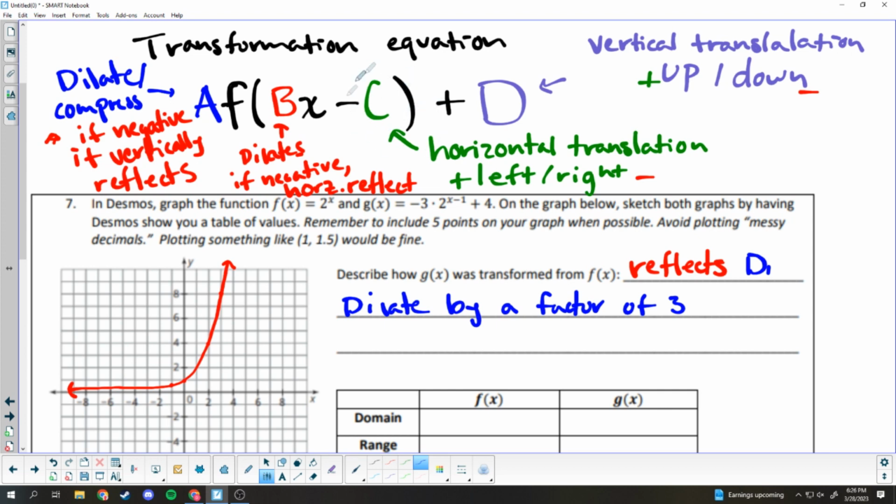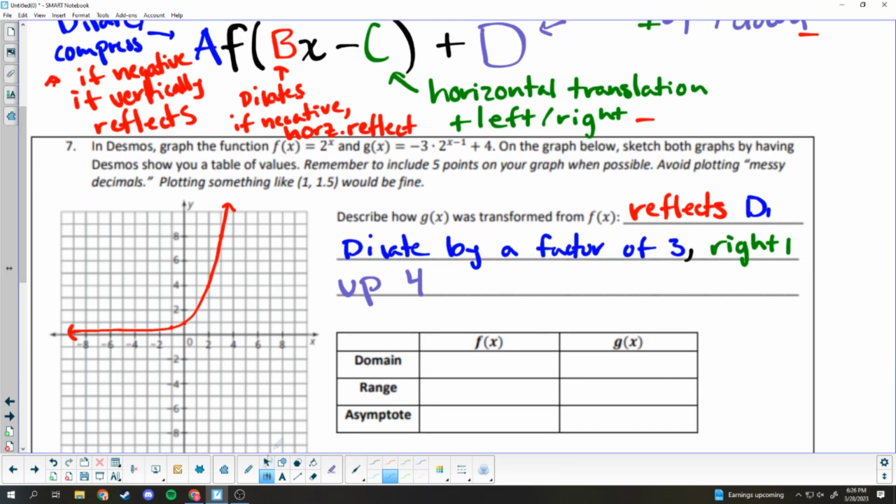Inside my function, which is up top in this case, in the exponent, something subtracting x, I need to shift right 1, right? So right 1 because I'm adding in C, and then plus 4 means up 4, okay?